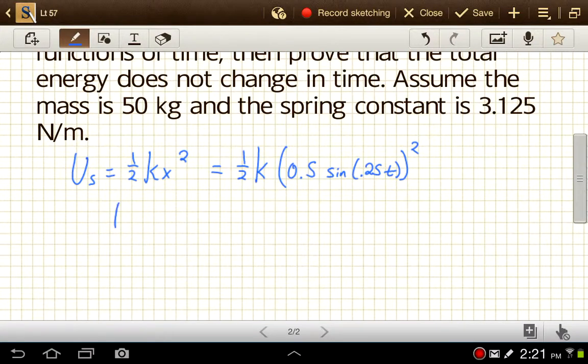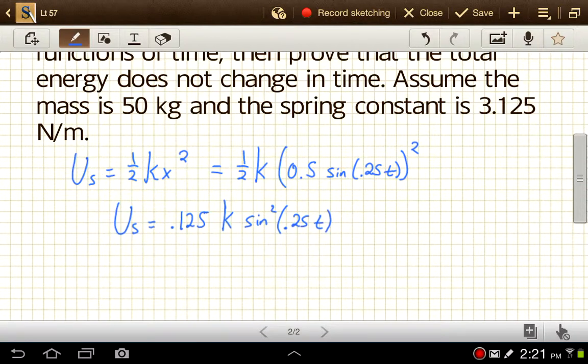So now U_S is equal to, let's see, 0.5 squared would be 0.25, times 1/2 would be 0.125 times k, the spring constant, times the sine squared of 0.25 t.